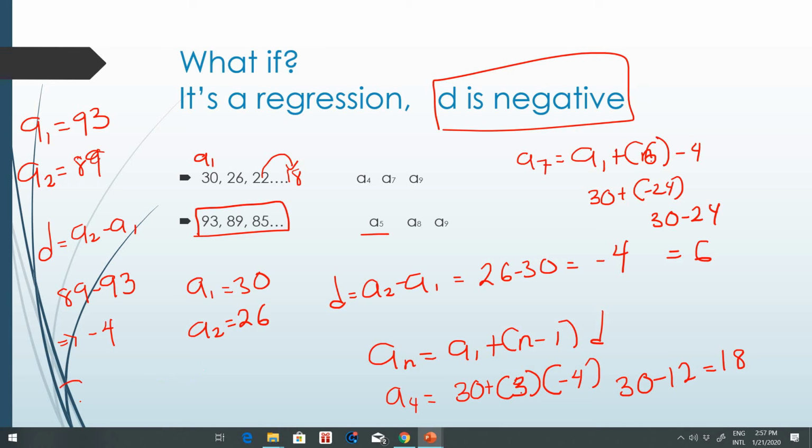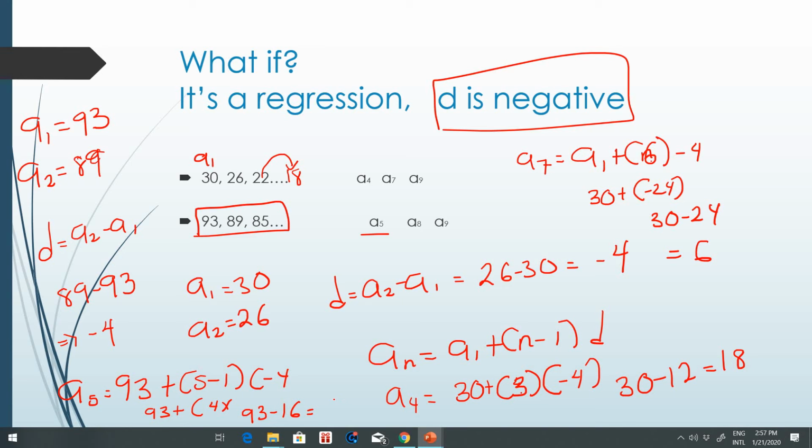And then A5 would be 93 plus 5 minus 1 times minus 4. So 93, we have 4 times minus 4. That's minus 16. So we have 93 minus 16.